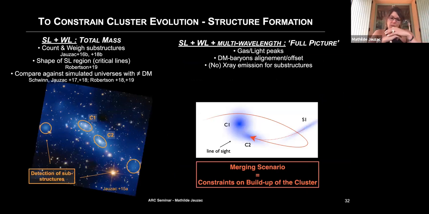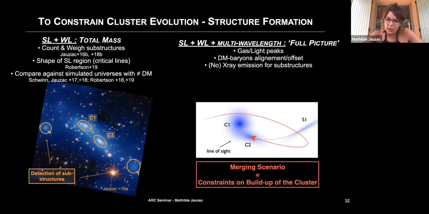Once you have your mass distribution, you can count and weigh your substructures and compare that with predictions from numerical simulations using different types of dark matter. But if you're more interested in cluster evolution, the growth of clusters and so on, your lensing is not going to be enough. Your blue haze on your HST image is beautiful for a press release, but that's basically it. You can't do much. So you're going to need to turn to multi-wavelength observations.